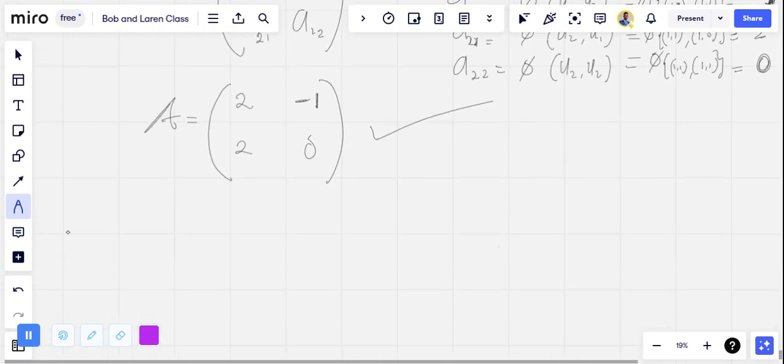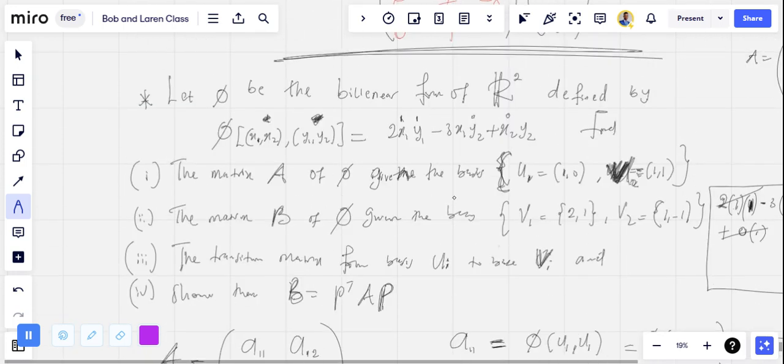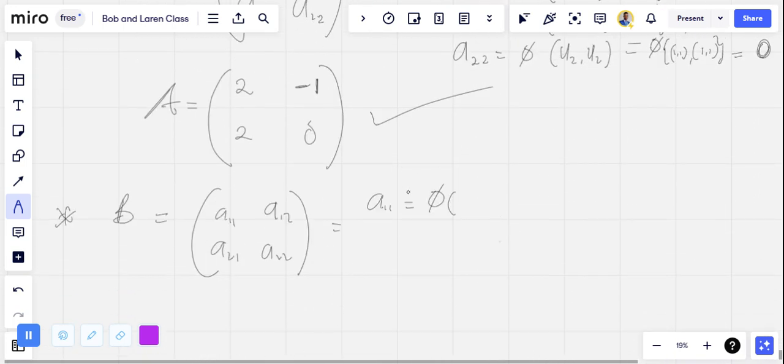Now to get matrix B, I'll still use A11, A12, A21, A22 such that my A11 is equal to the phi of, in this case I'm using V. We are given V1 and V2. So this one will now be V1 comma V1. I'm still using the same pattern. This one will now be V1 comma V2. The third one will be what?